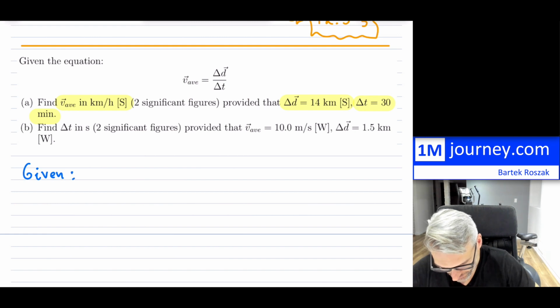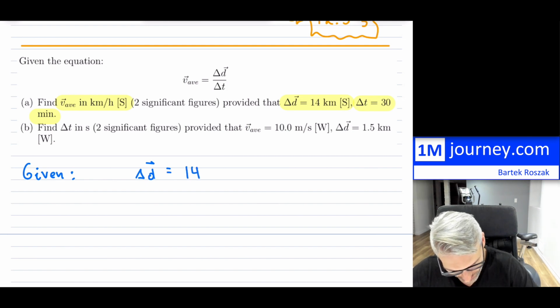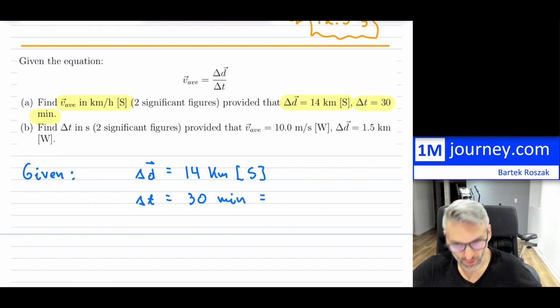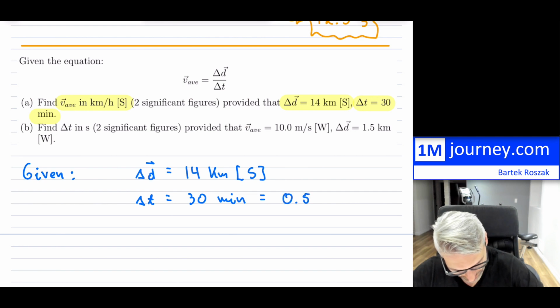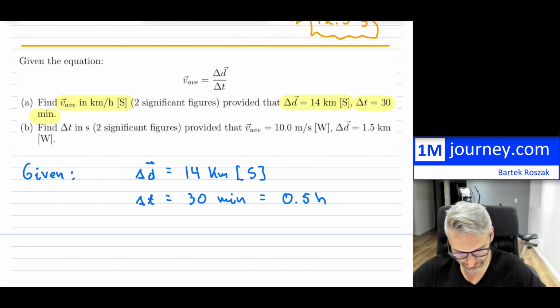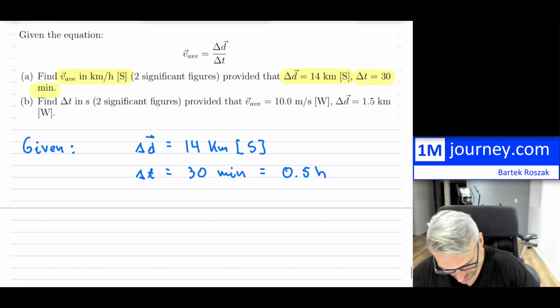So given, what do we have? We have delta D is equal to 14 kilometers. Notice this is south, so that aligns fine. And then delta T is equal to 30 minutes. But I'm going to change it, because 30 minutes is just half an hour. So that's relatively simple.